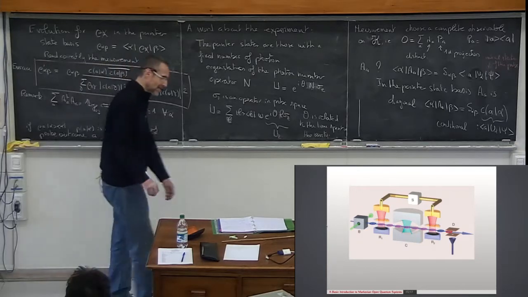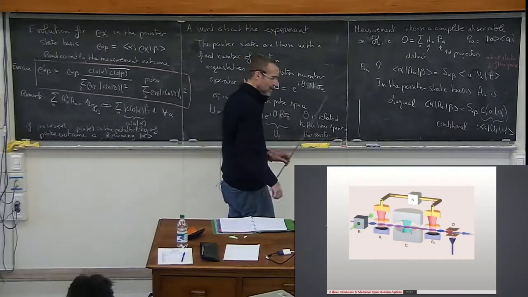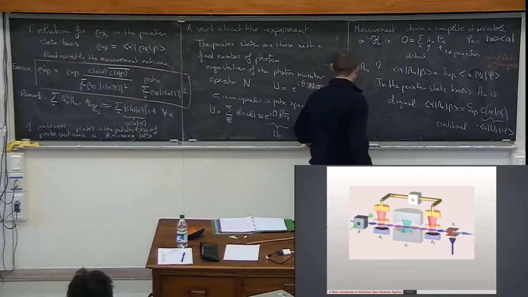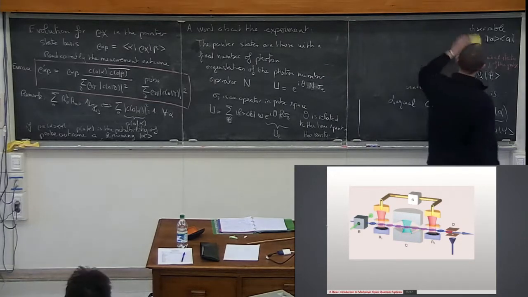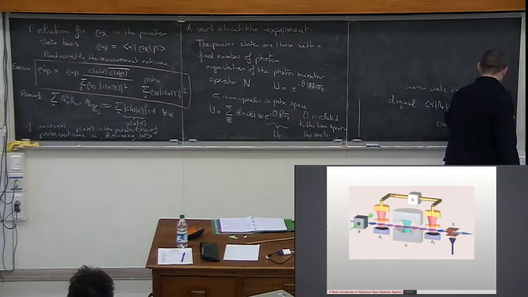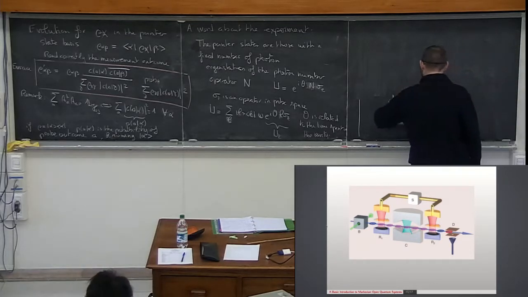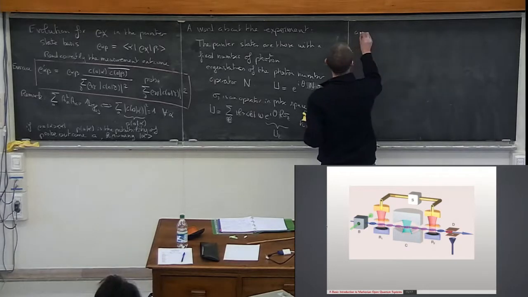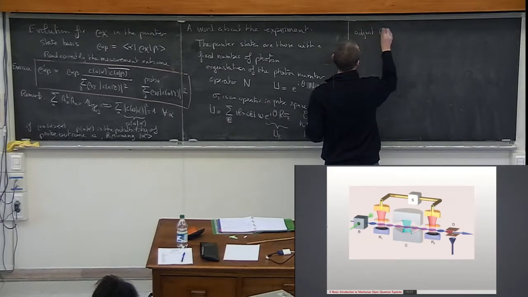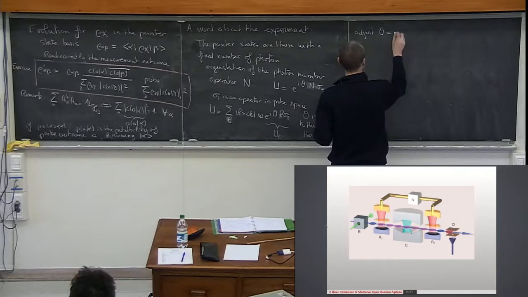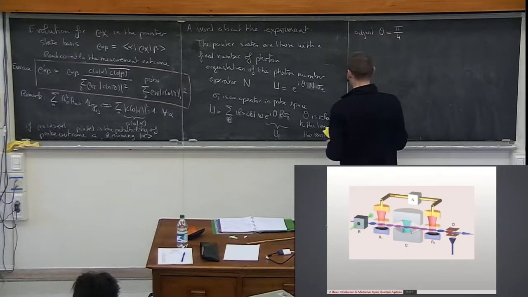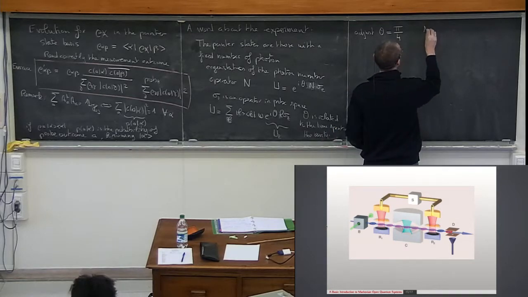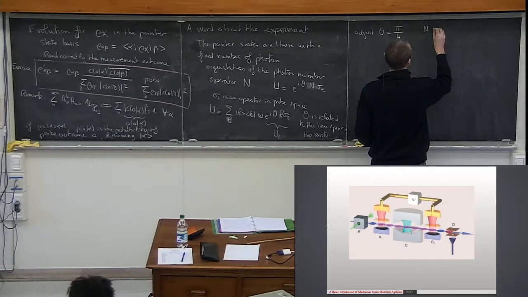And so what these guys managed to do is to adjust theta, if I'm correct, to pi over 4. So that n is equivalent to n plus 8, in fact.